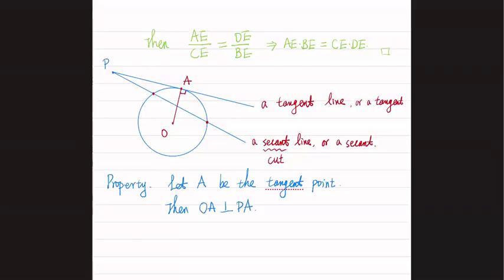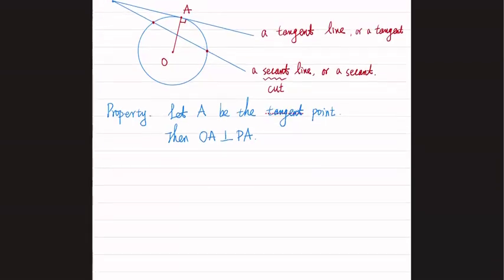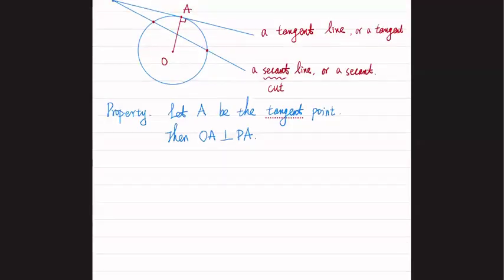Okay, let's think about how to prove this. What happens if it's not perpendicular? So to prove this, let's consider what happens if two lines are not perpendicular.